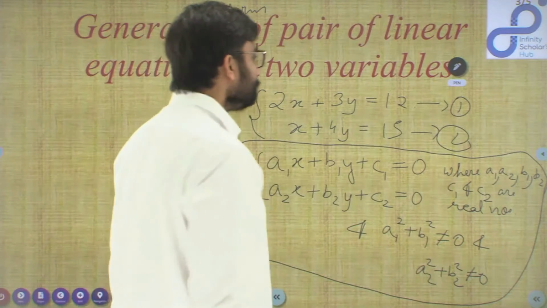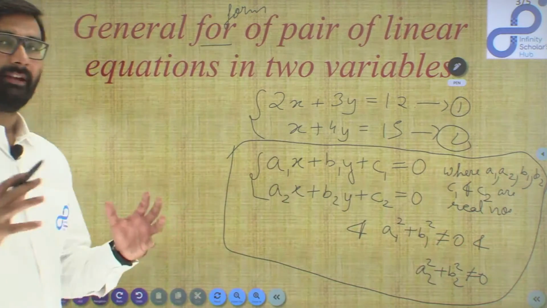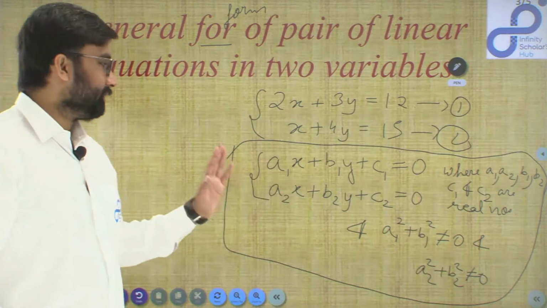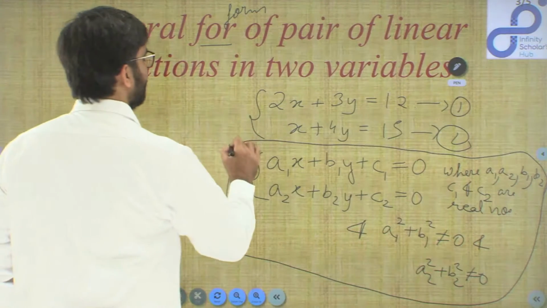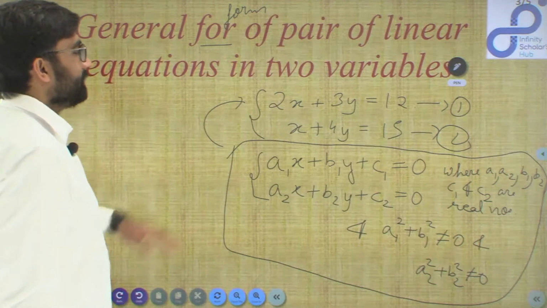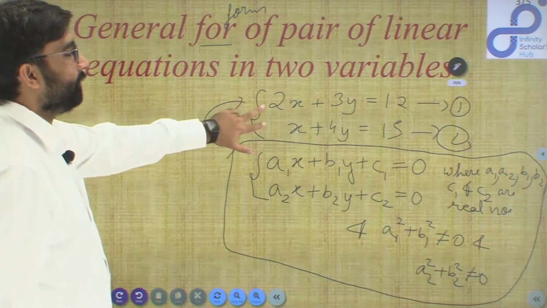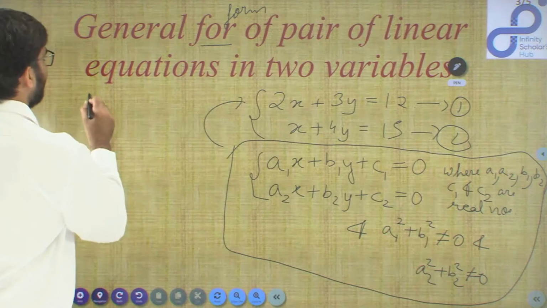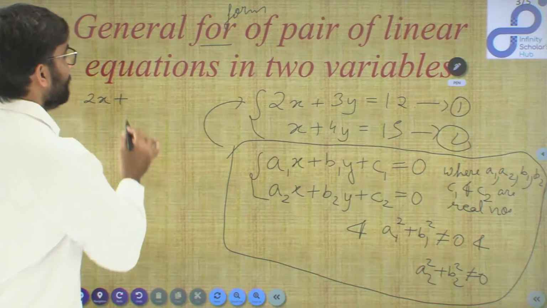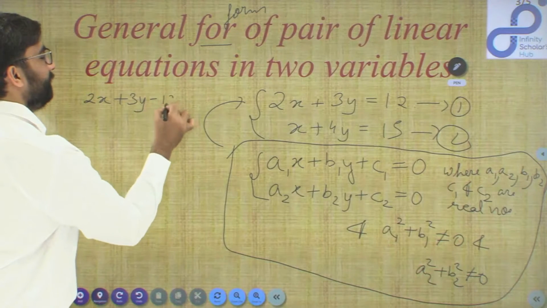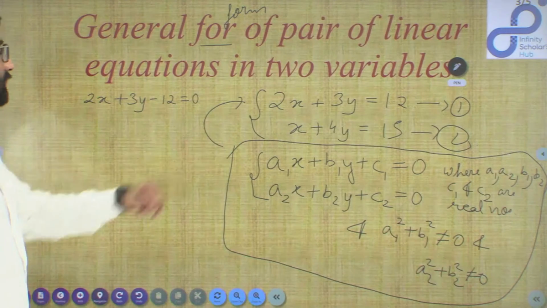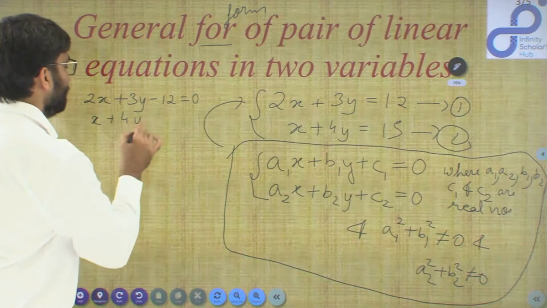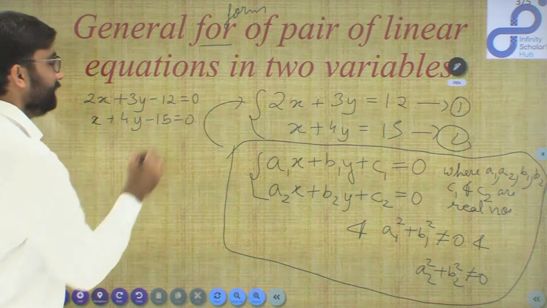Now let me give you two equations and we will identify the coefficients of x and y. Consider this example only. First of all, let me write them in the general form, because they are not in the general form, right? So equation number 1 will be 2x plus 3y minus 12 equals 0, and equation number 2 will be x plus 4y minus 15 equals 0.